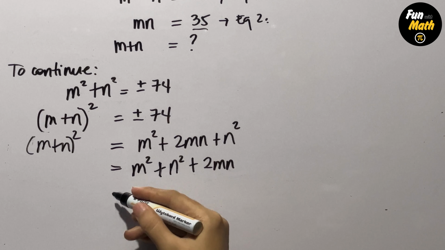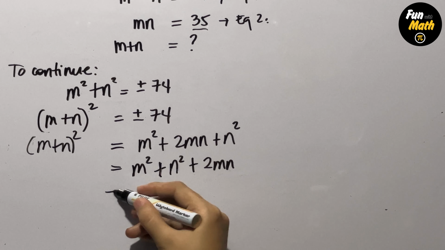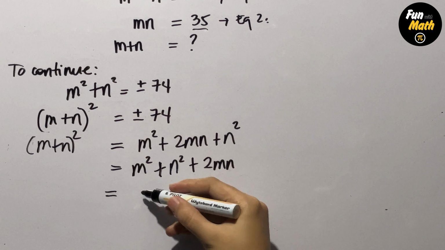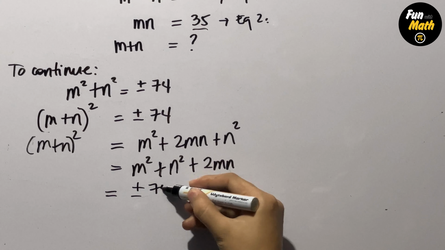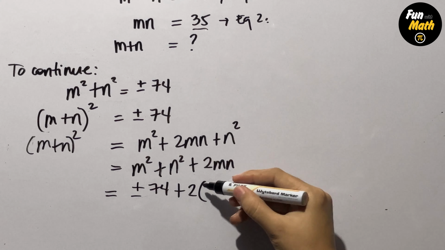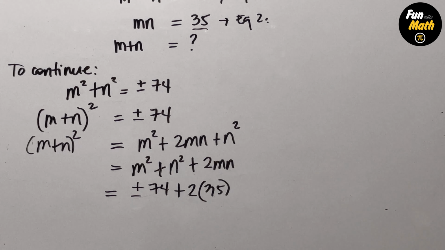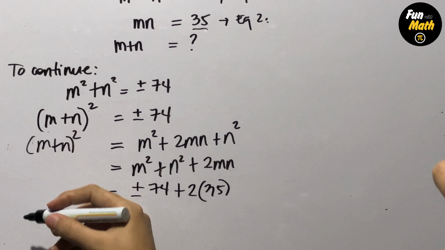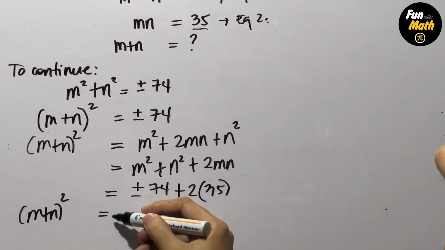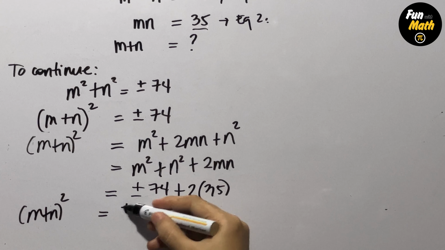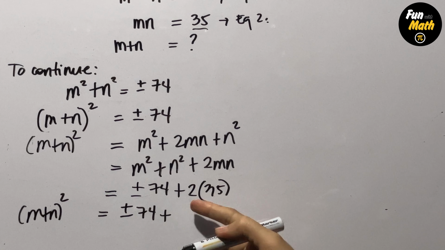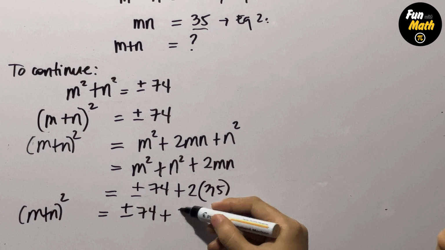So this is now m squared plus n squared, that is positive negative 74, plus 2 times 35. Now, don't forget, let's bring down m plus n squared equals positive negative 74 plus 2 times 35, which is 70.